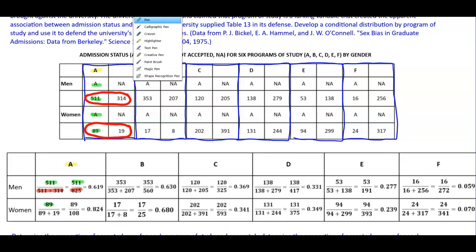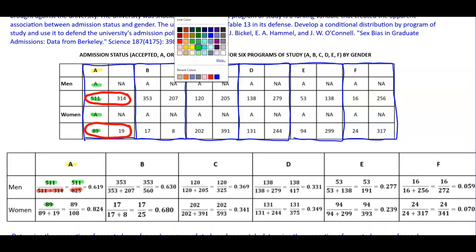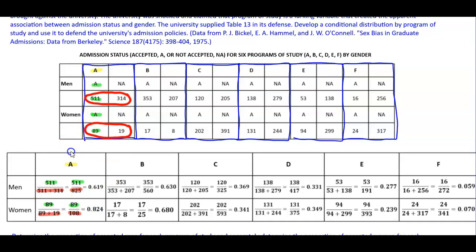So we're going to take 89 and then add the 19 to give us 108. So if we take 89 and divide it by 108, we get 0.824. So what does that mean here? That means that almost 61.9% of men were accepted for program A. And for women, we can say that 82.4% were accepted in Program A.